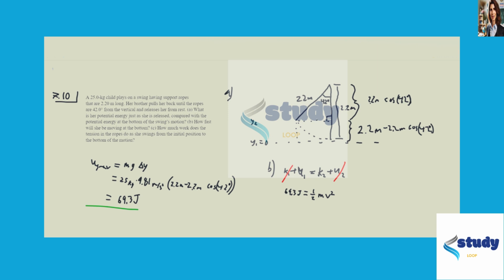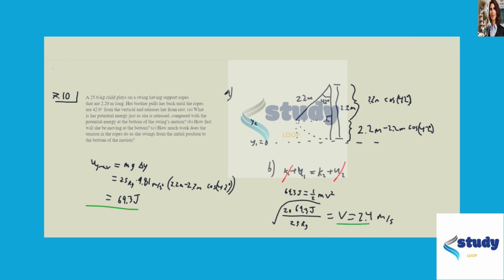So we can do 2 times 69.3 joules, divided by 25 kilograms. I'm going to take the square root, and that's going to be equal to v, and in the end, that's going to be equal to 2.4 meters per second. That's our solution for B.